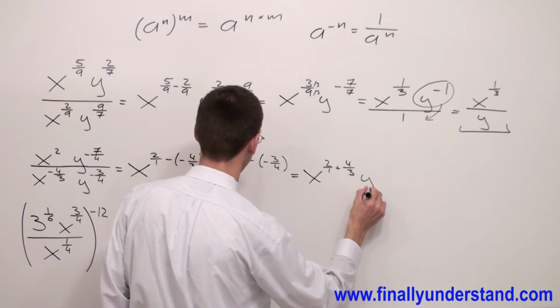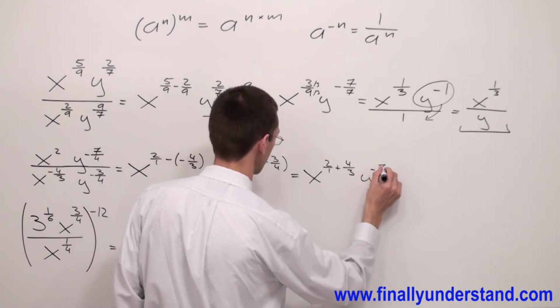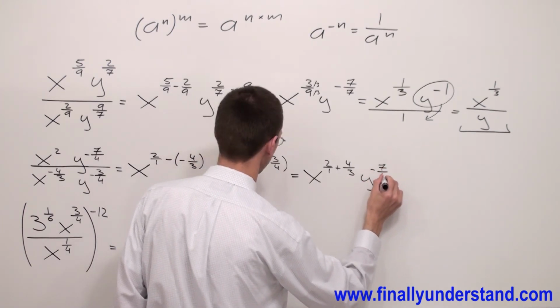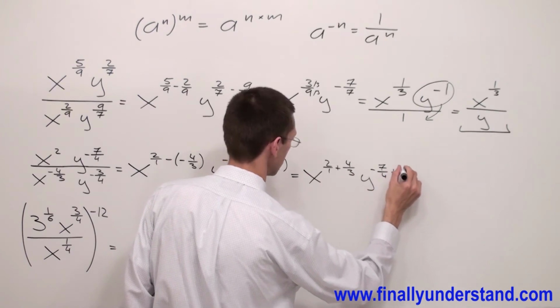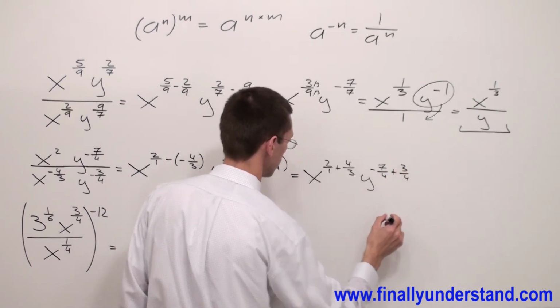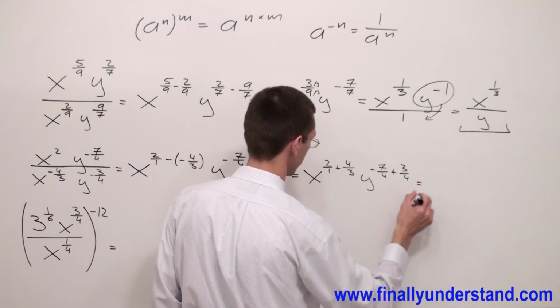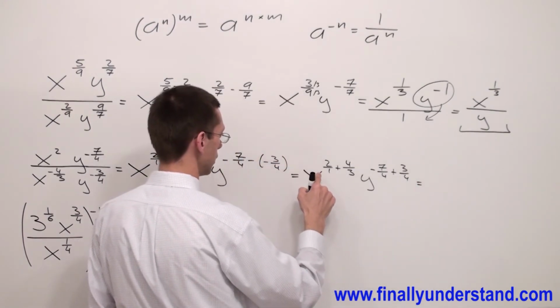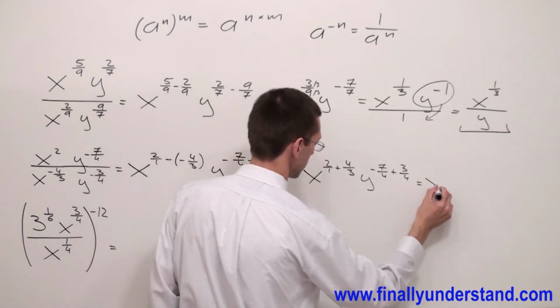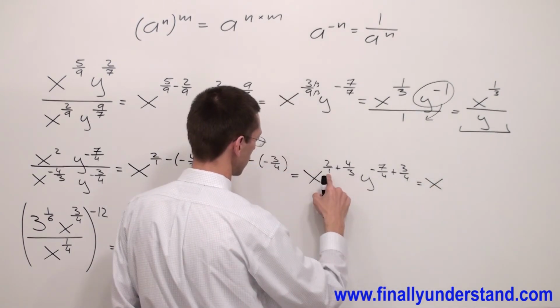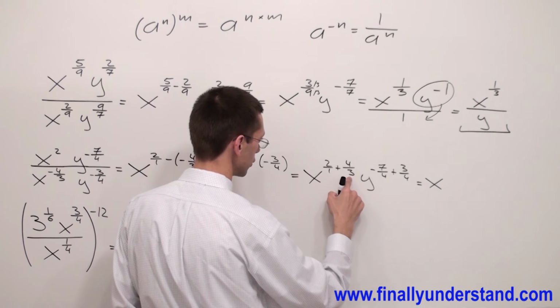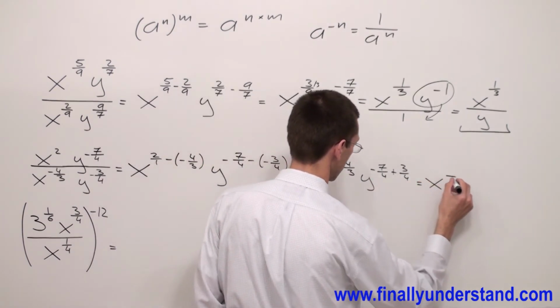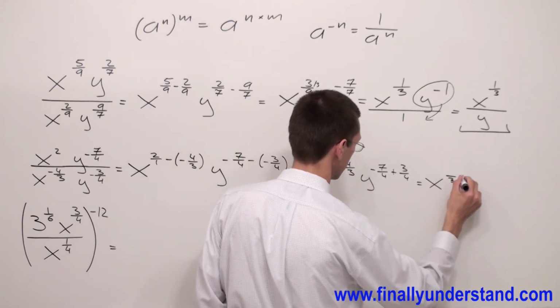And I have y, minus 7 over 4 plus 3 over 4 equals x. The common denominator for 1 and 3 is 3. That's why I have 3 over here.